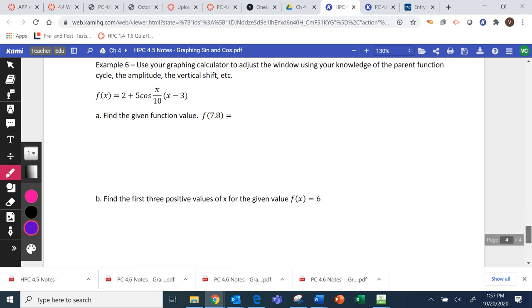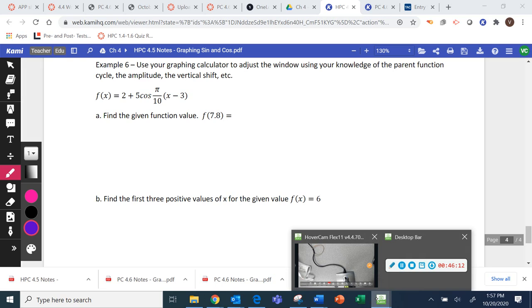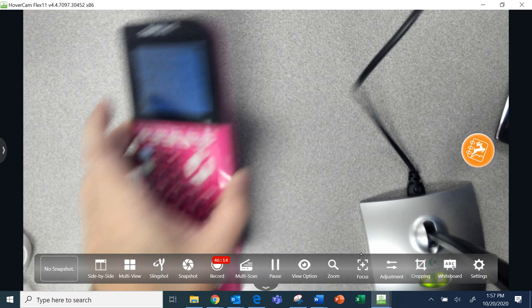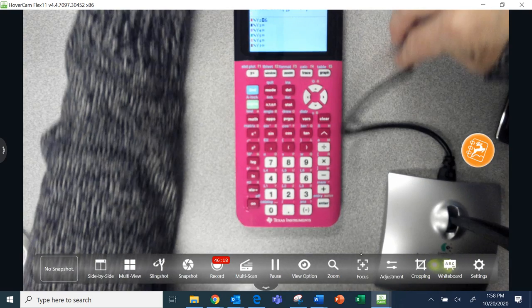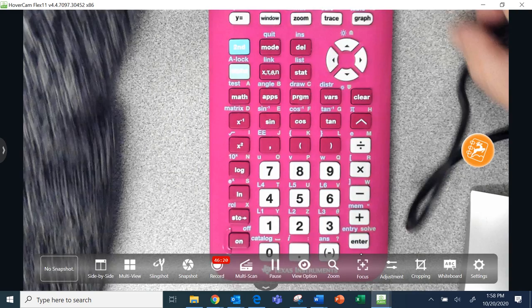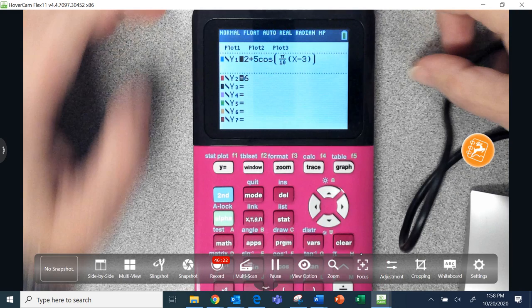All right, last section is with the calculator, and I'm going to show you some stuff that maybe is new on the calculator to you. What I want you to do first is go to your y equals and type in the equation that it gave.